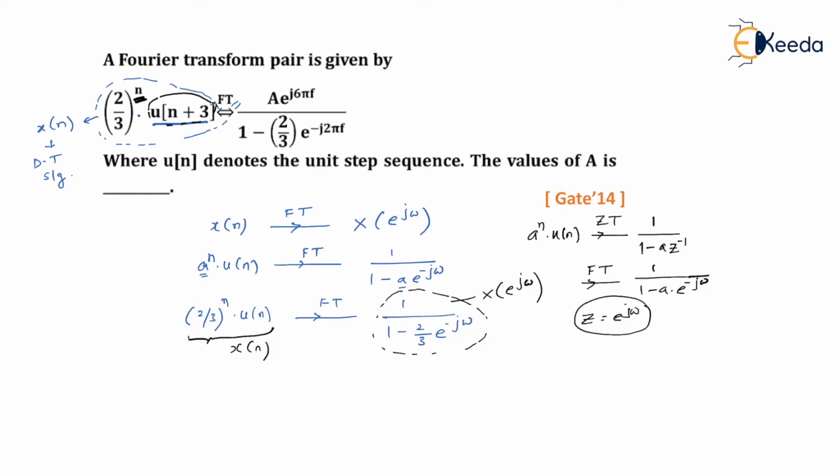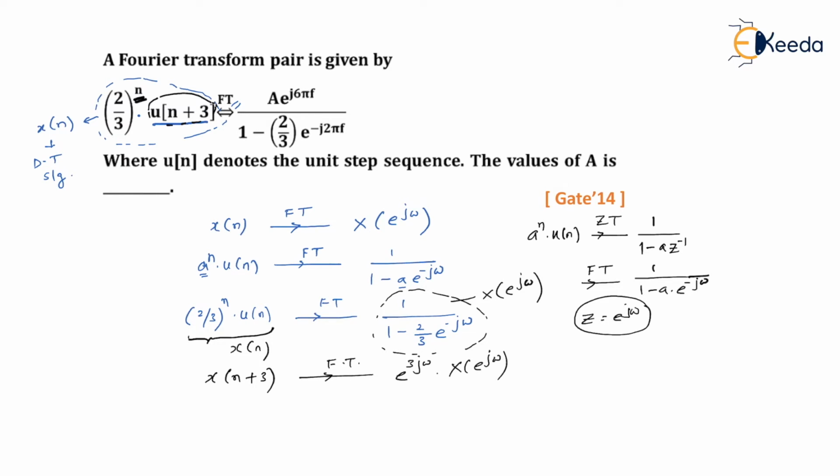Now I'll advance the signal. Let me remind you the property. The property was: if we have the signal x of n plus 3, then its discrete time Fourier transform is e to the power 3 j omega times X of e to the power j omega.